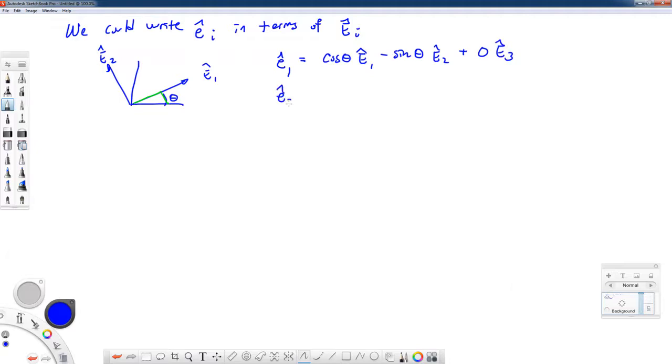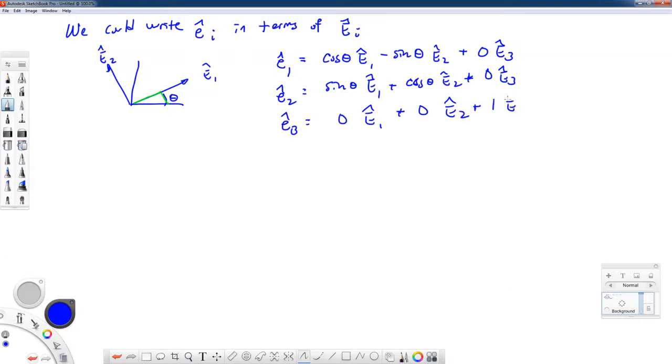And likewise, very similar to what we've done before, but now we have a plus sine theta E hat 1 plus cosine theta capital E hat 2, and then again a 0 capital E hat 3, and then the last one is easy, 0 capital E hat 1 plus 0 capital E hat 2 plus 1 capital E hat 3.